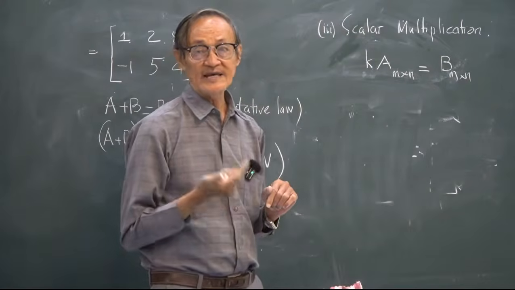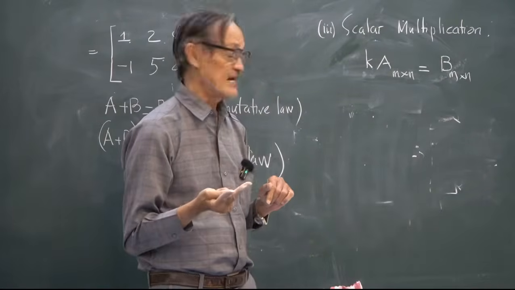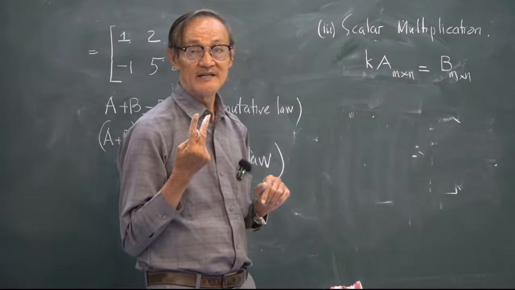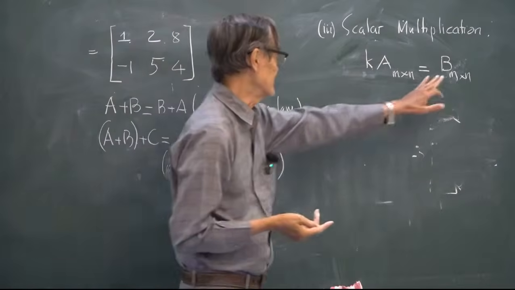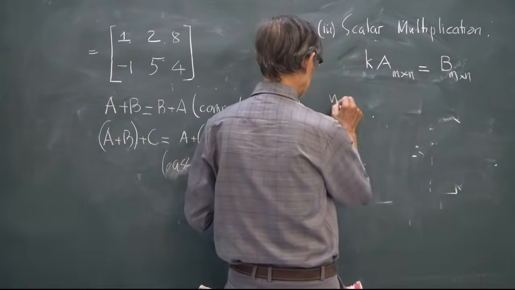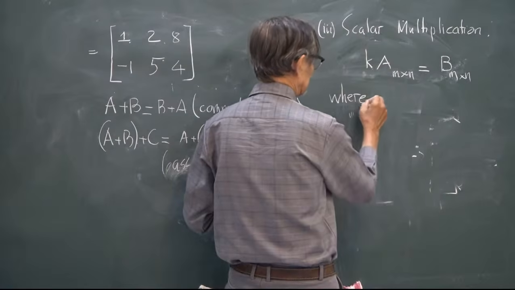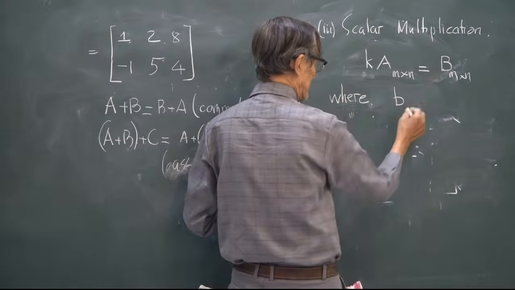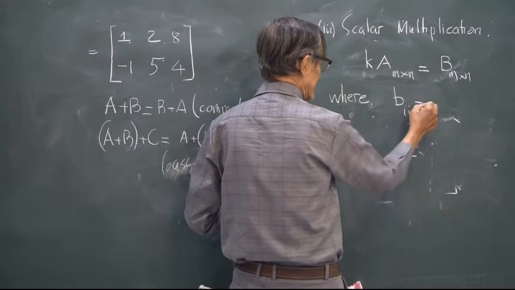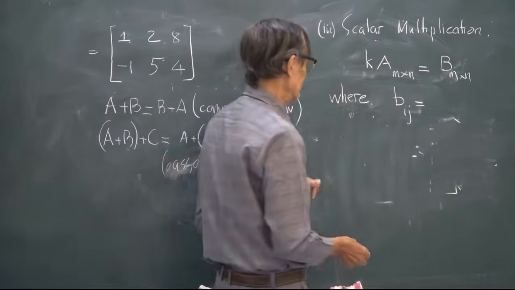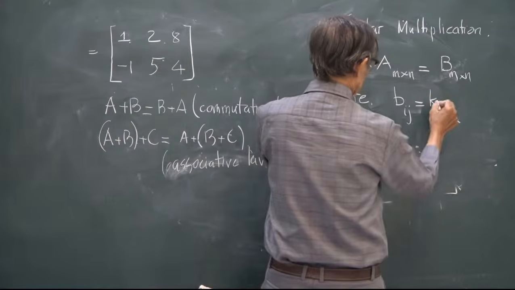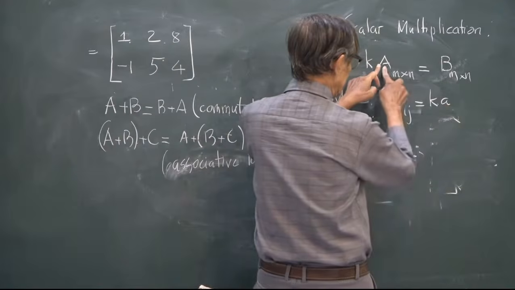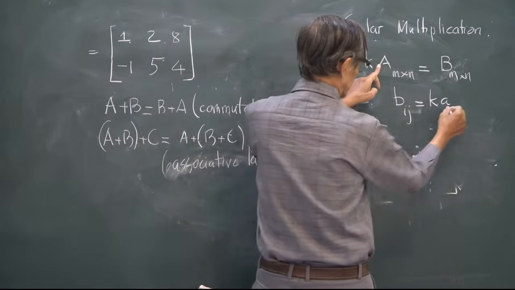A number times an m by n matrix equals a matrix of the same dimension, where the elements of the matrix B, B_ij, equal k multiplied by the element of A in the same position, ij.